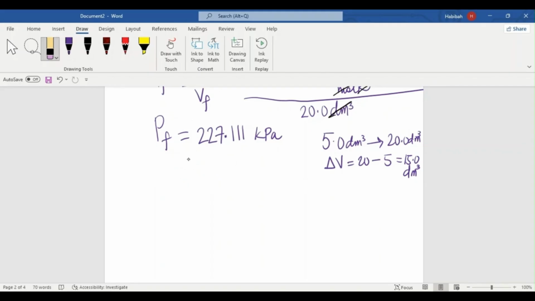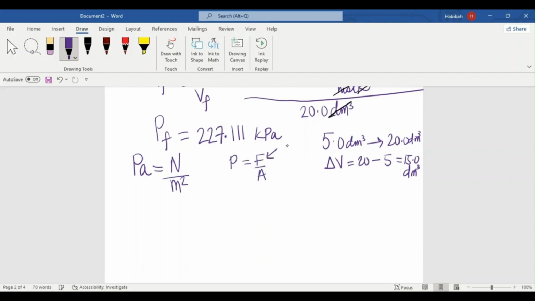Before we go on, I need to quickly explain something to you guys. Pascal is a unit for pressure, but Pascal is also equivalent to Newton per meter squared. Don't forget that pressure really is force divided by area.